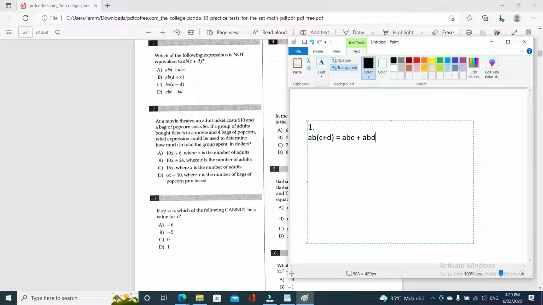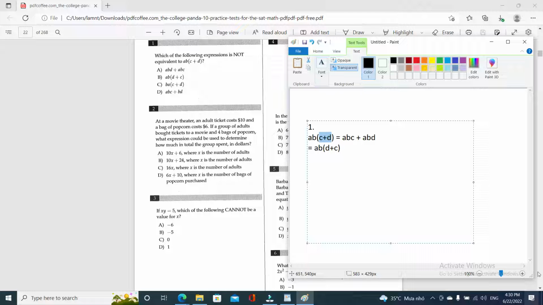Let's check. Answer A is ABD plus ABC, so it's just the exchange of the two numbers, so it's still the same. AB times D plus C is just the commutative law of addition inside the bracket.